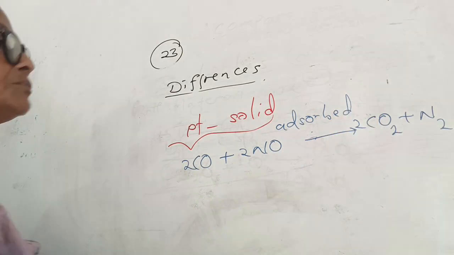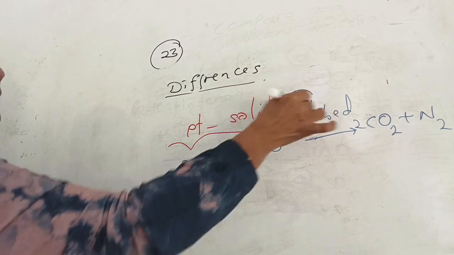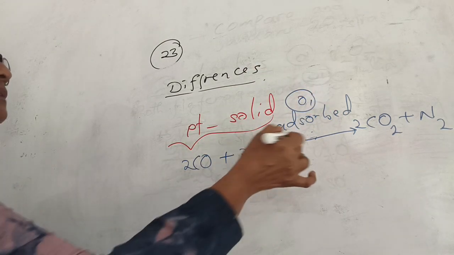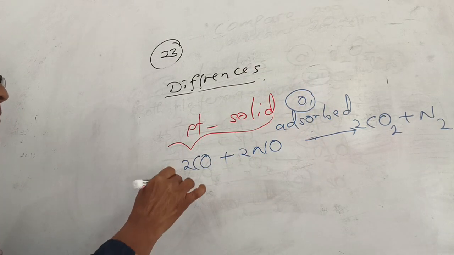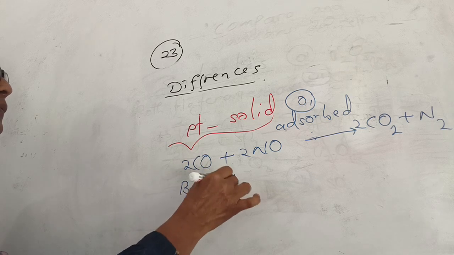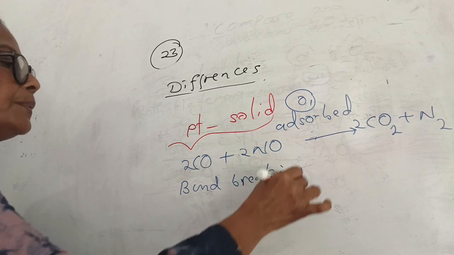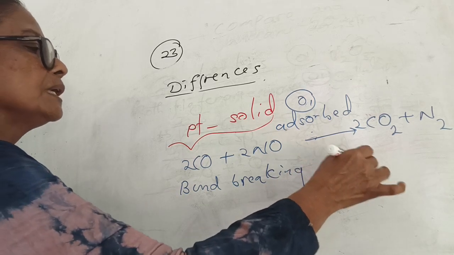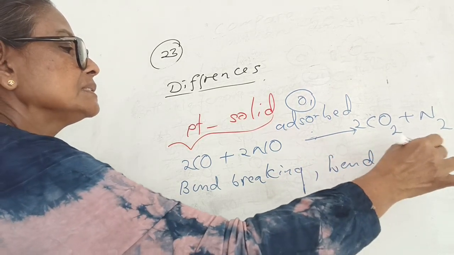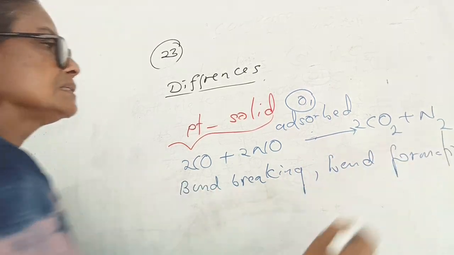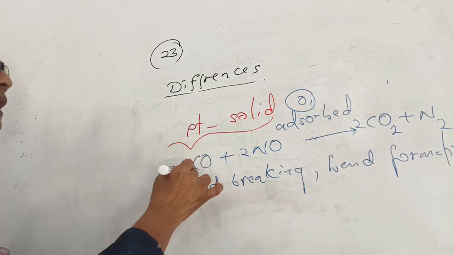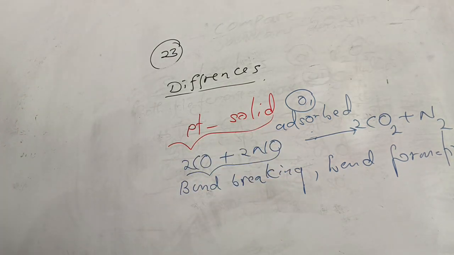So this is the process of adsorption. Once they are adsorbed onto the surface, bond breaking and bond formation happen easily, because the gaseous molecules now have limited movement.